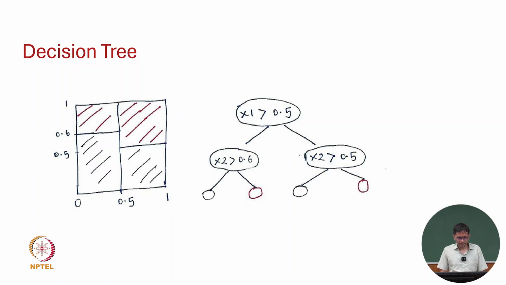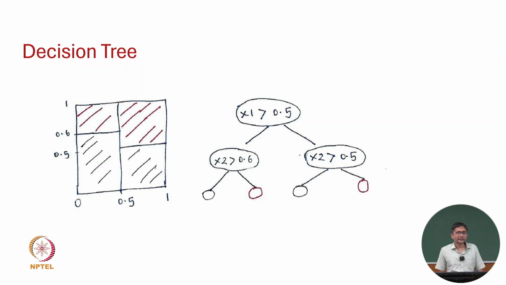Accordingly, we can now split based on x2, and there are two different possibilities available. One possibility is x2 greater than 0.6, another possibility is x2 greater than 0.5. In these two cases, the output prediction is the red class, right?